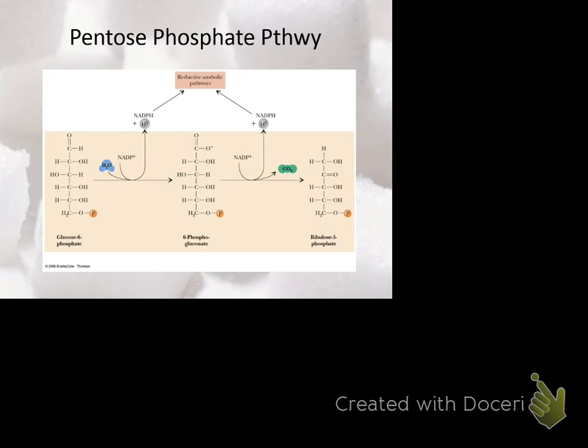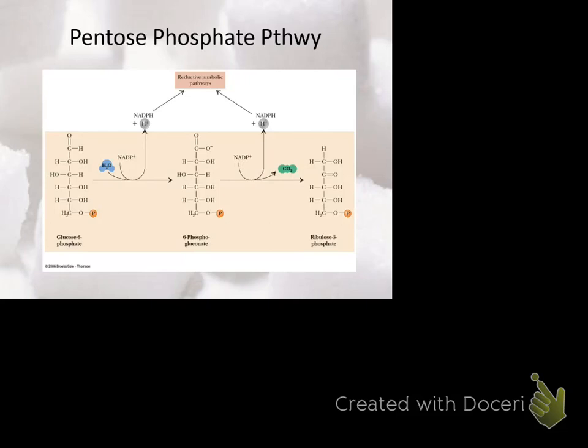So first off, the way that this interacts with glycolysis and gluconeogenesis is glucose 6-phosphate. That compound is in all 3 metabolic pathways. So under certain conditions, glucose 6-phosphate will go through glycolysis. Other conditions, it's going to go on through gluconeogenesis and to make glycogen.